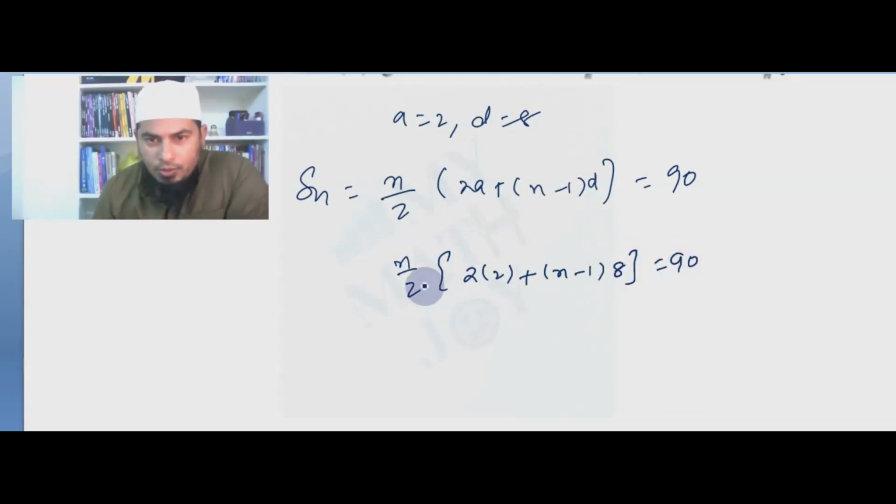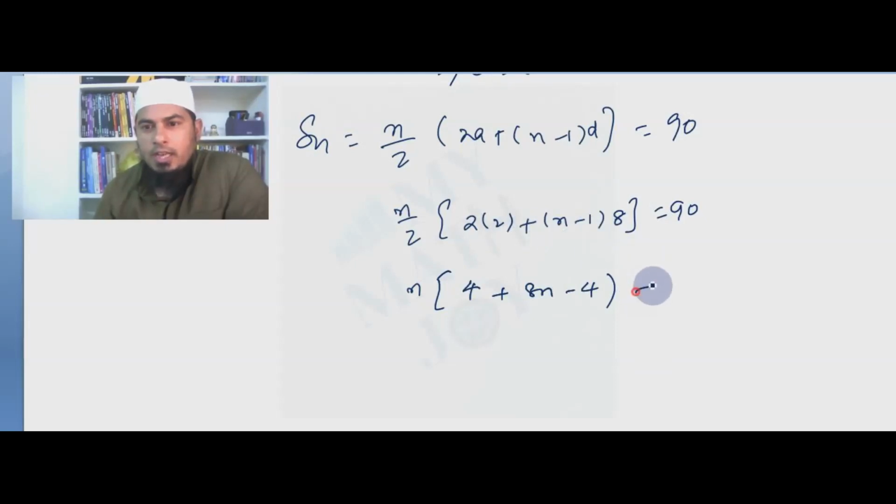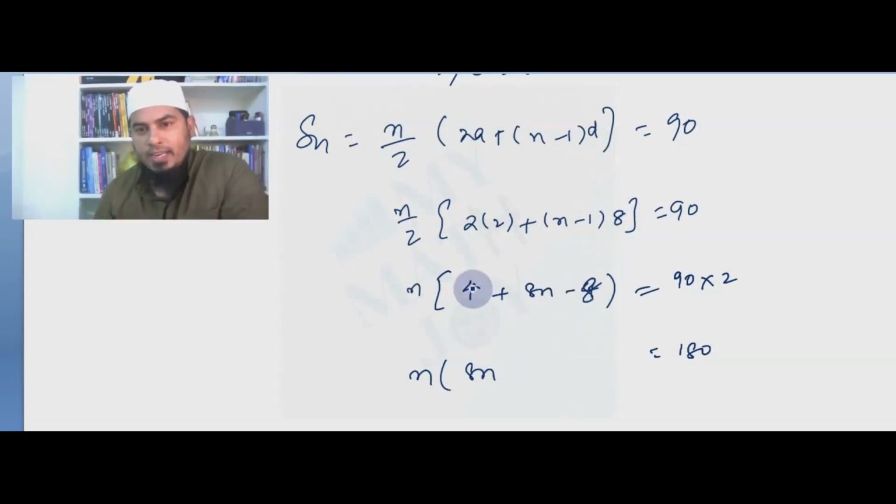The 2 is cross multiplied to the other side. Here I am expanding this, and we get 4 plus 8n minus 8, which is 8n minus 4, and 90 times 2 is exactly 180.